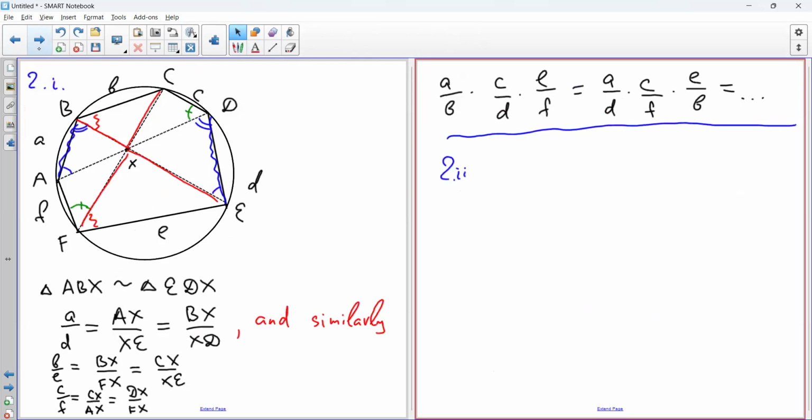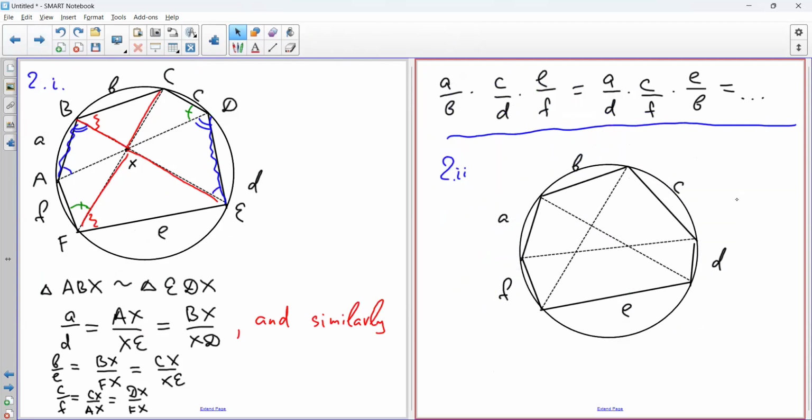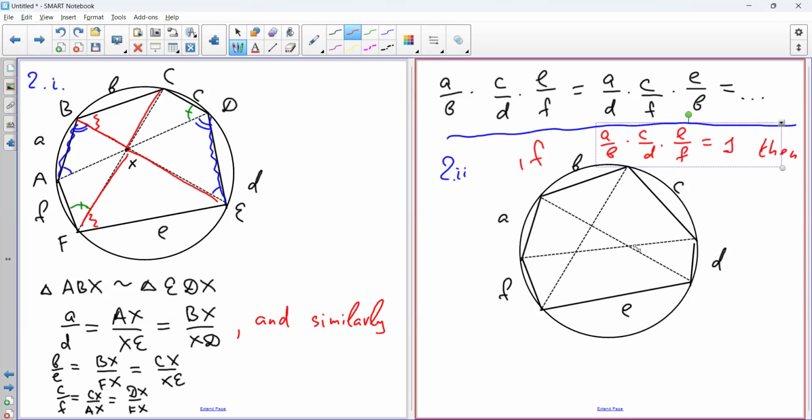So we take this picture, which is just perfect for these purposes. So suppose that A over B times C over D times E over F equals 1, and we want to show that then the geometrical condition holds.